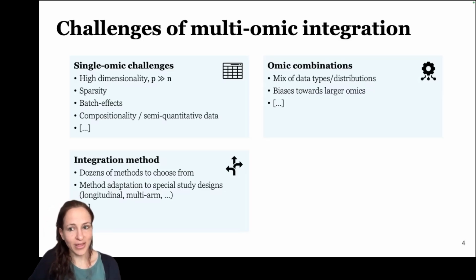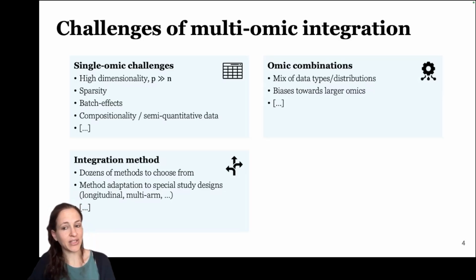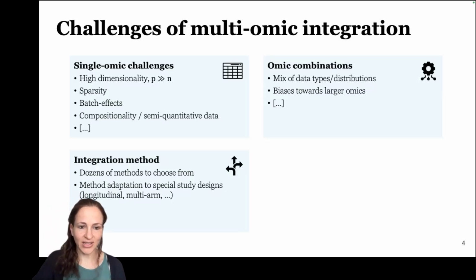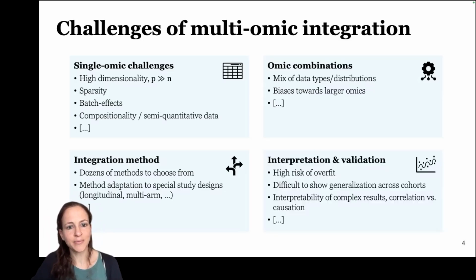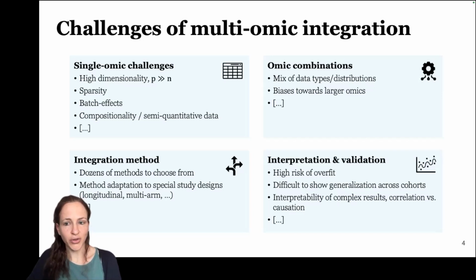There are dozens of methods to choose from, and it's also sometimes not very trivial to adapt a certain method to a specific study setting, study design. And lastly, there are challenges related to how we interpret the results that we get and how do we make sure that they are generalizable.